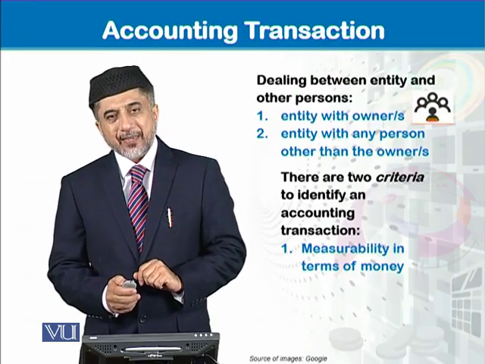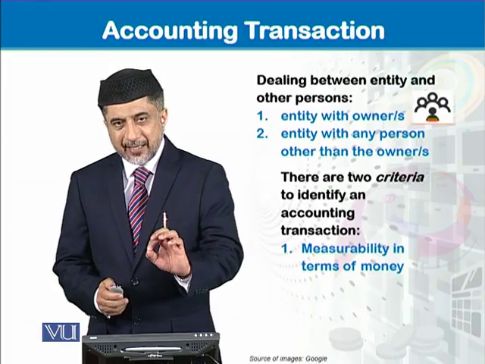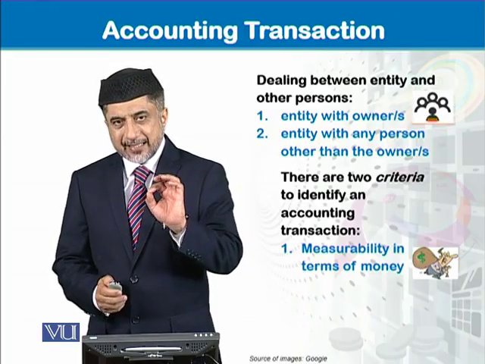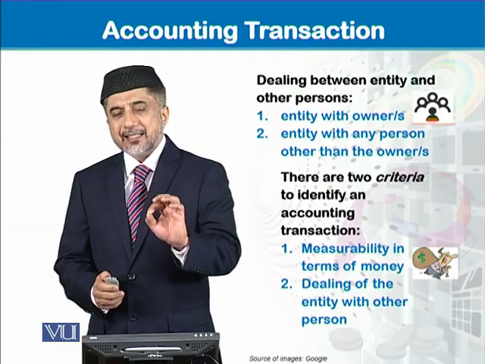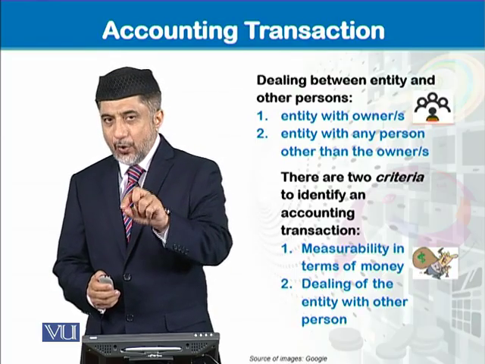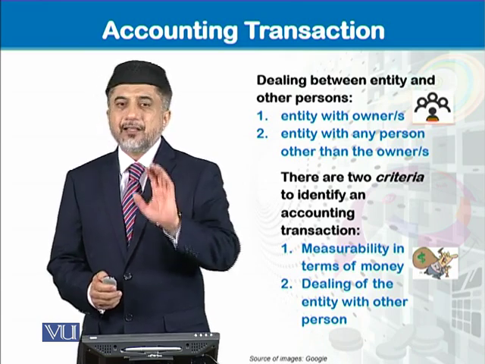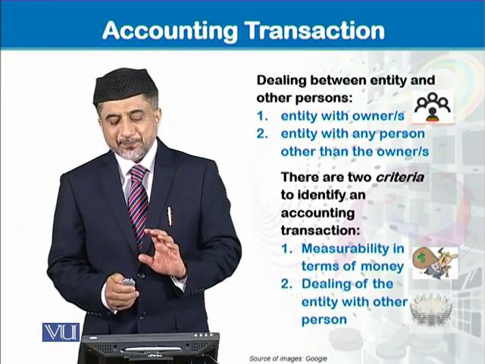Number one, it is measurable in terms of money. And secondly, it is a dealing of the entity with its owner, or other persons other than the owner.